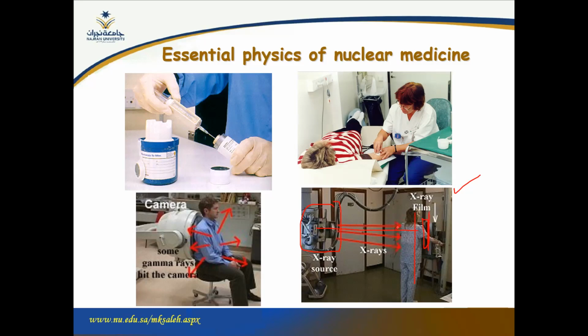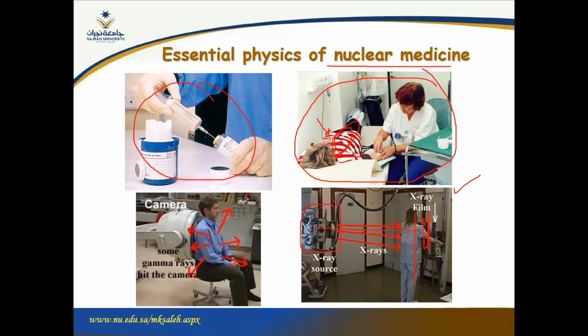And that's all. While nuclear medicine is totally different. In nuclear medicine, we start by preparing the radioactive material. Then we inject the patient with this radioactive material. Immediately after injection, through the circulation of the blood in the body, the patient becomes like a source of radiation.